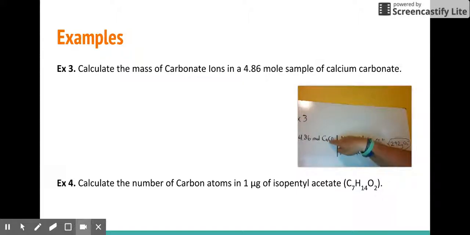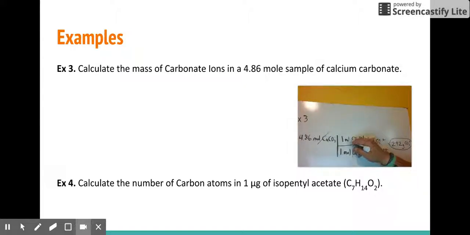In one compound, there's one carbonate ion. That's why there's a 1-to-1 relationship. Now, calcium carbonate needs to be on the bottom so these units here can cross out. The carbonate ion is on top. Once we're in moles of the carbonate ion, I then can get into grams because of the gram to mole relationship that you have there.